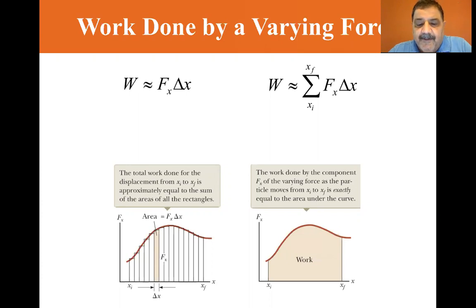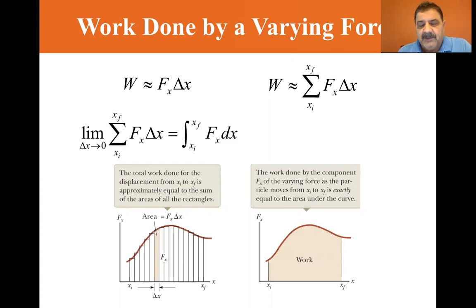As the size of the small displacements approaches zero, the number of terms in the sum increases without limit, but the value of the sum approaches a definite value, which is the area bounded by the Fx curve and the x-axis. That's figure B.